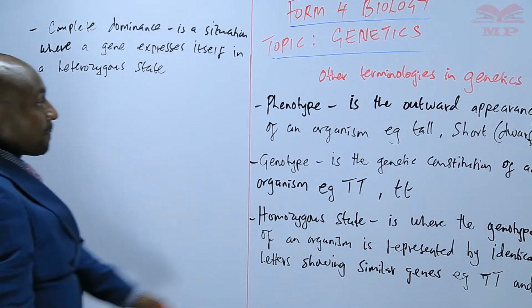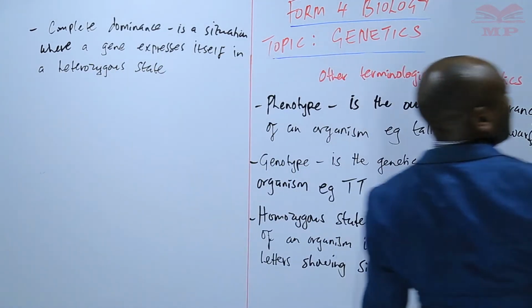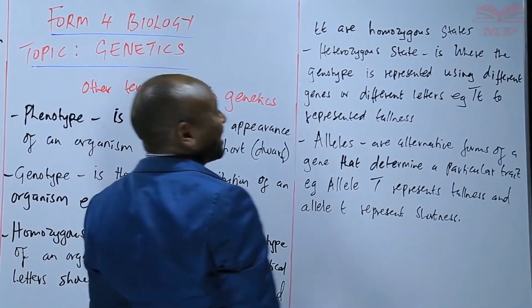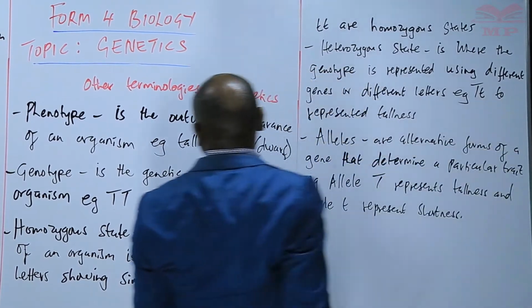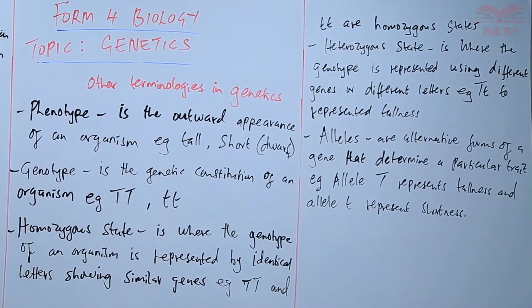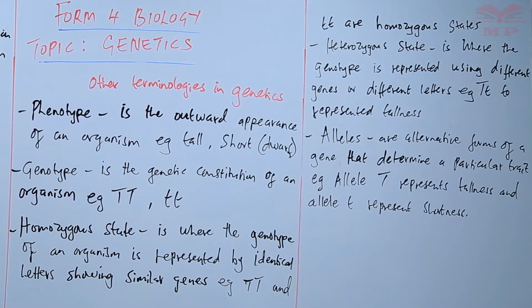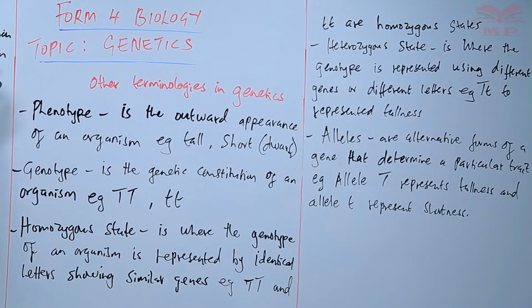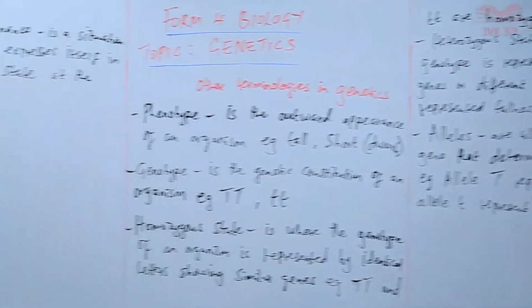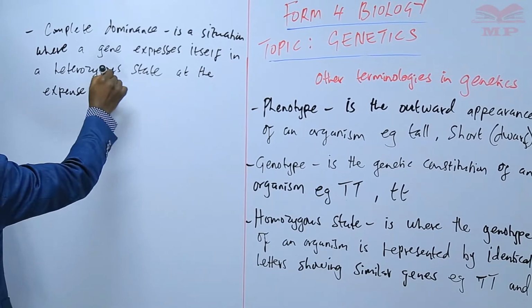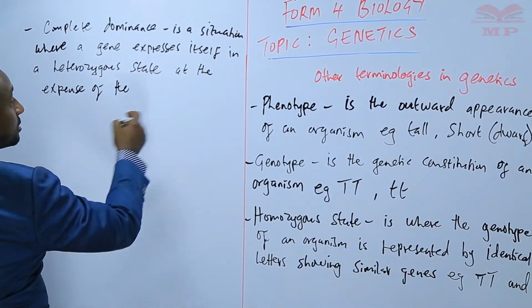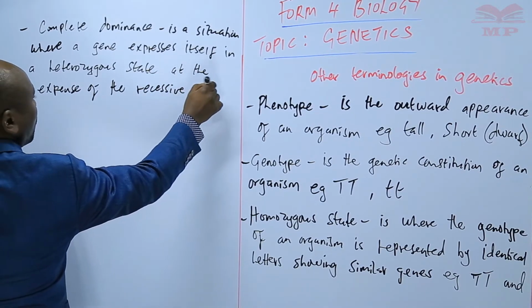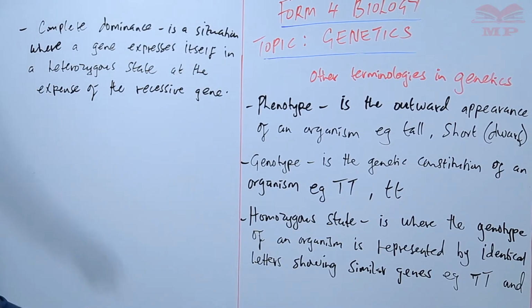So for example, where we are talking about the heterozygous state, the gene for capital T will express itself at the expense of the gene for small t. So we call that complete dominance, where a gene expresses itself in the heterozygous state at the expense of the recessive gene, or the weaker gene.